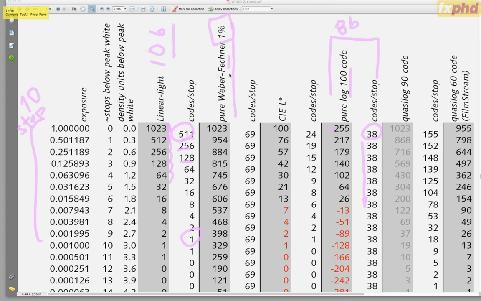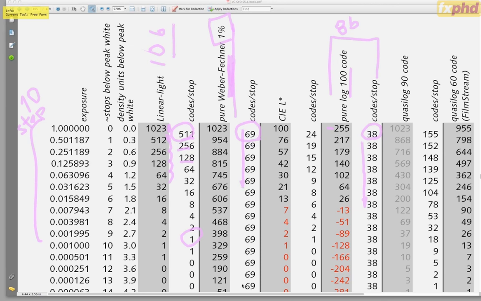We talked about it being the Weber-Fechner number. We talked about 1% being basically the smallest ratio of luminance that any human could ever reasonably see. That math translates into about 69 codes per stop. Now, if you had pure Weber-Fechner theoretical coding, you'd have 69 codes all the way down.